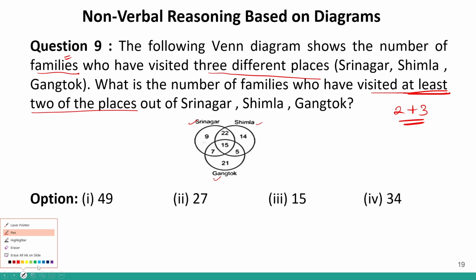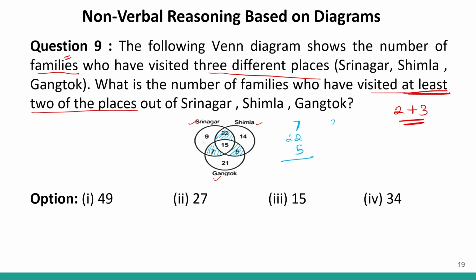So if you look at this diagram, the number of people who have visited 2 places is represented by here. So this means they have visited Srinagar and Gangtok, which is 7. This means they have visited Srinagar and Shimla, which is 22. Similarly, this means they have visited Shimla and Gangtok, which is 5.